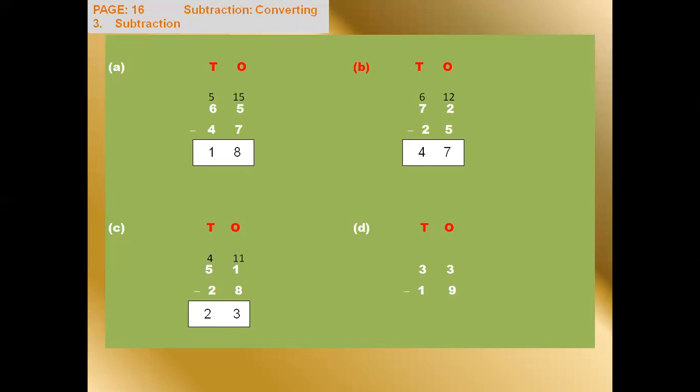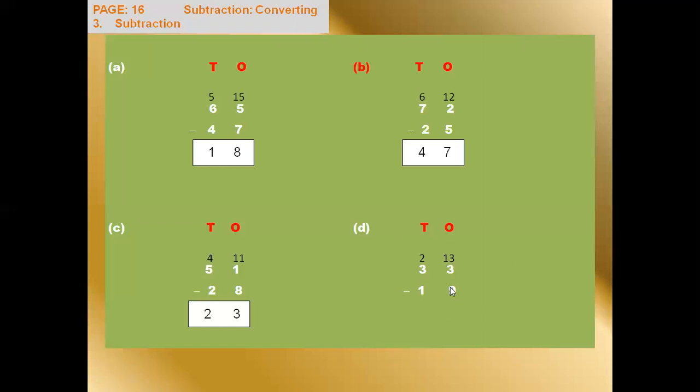D part. 33 minus 19. First of all, we will check the ones. 3 minus 9 is not possible. Again, we will borrow 1 from the 3, because 3 is in the tens place. So it means we are taking a ten. So 10 plus 3 becomes 13.